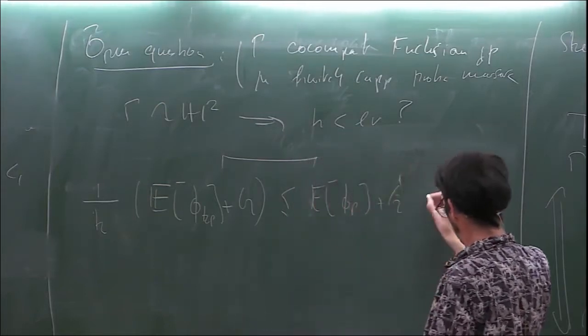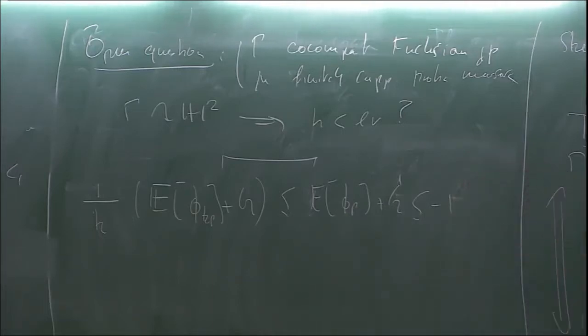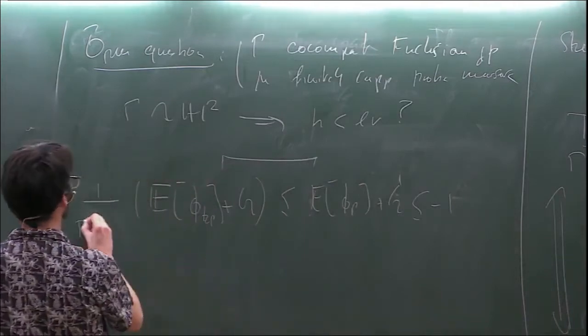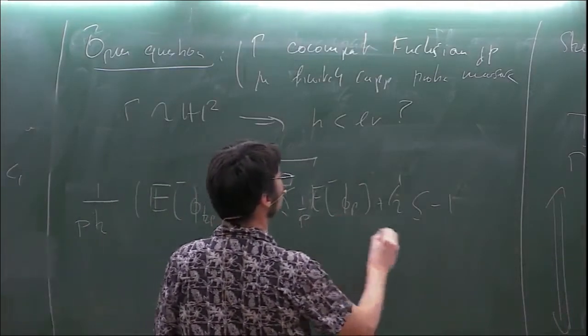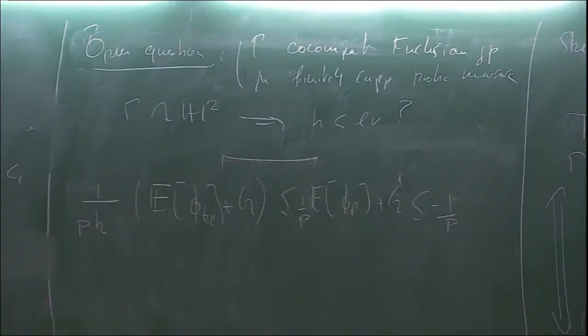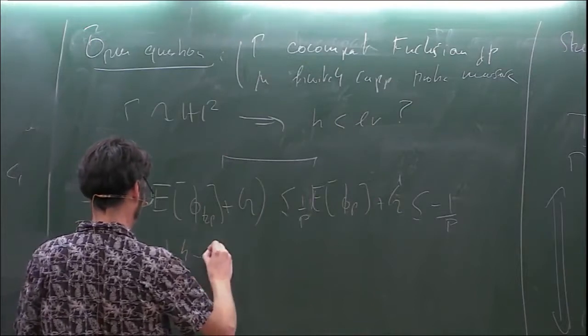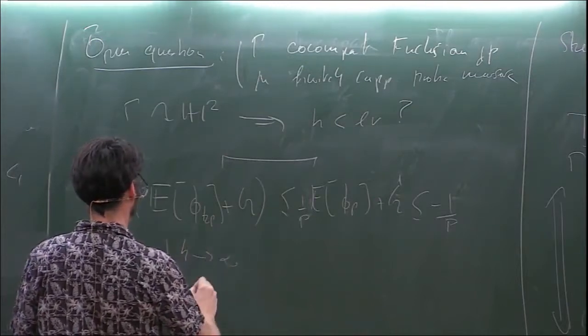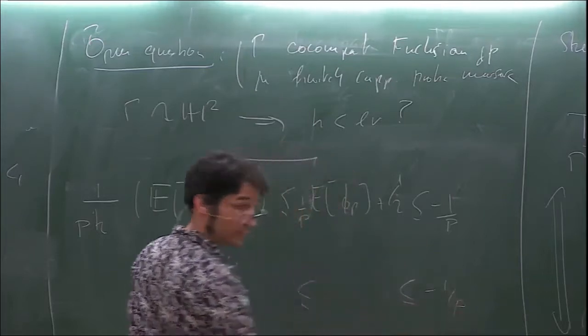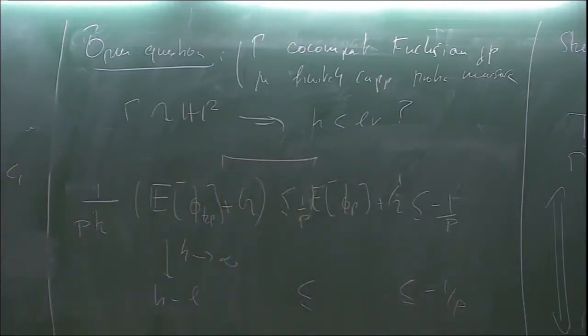Okay. And this is smaller than minus 1. So now I divide everything by p, and I let k go to infinity. And so it is strictly smaller.